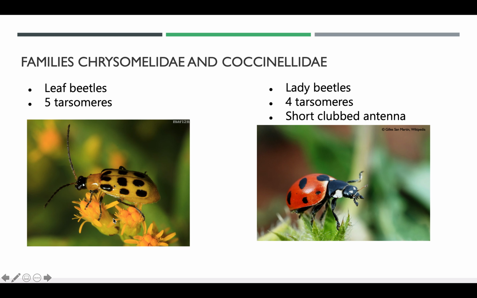Leaf beetles have 5 segments and lady beetles have 4 segments. And it's very specific, but that's how you tell apart leaf beetles from lady beetles. And you'll notice in leaf beetles as well, you can see that little straight line down the back. Lady beetles also typically have shorter antennae, which are clubbed, unlike leaf beetles.